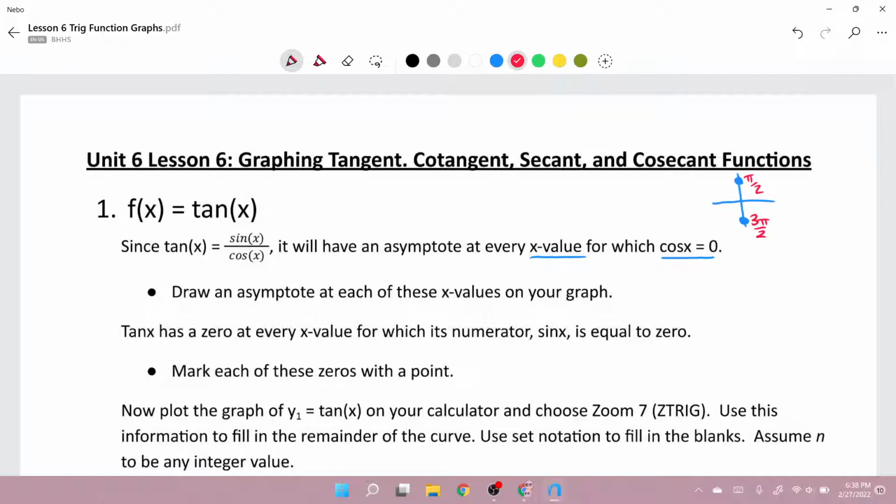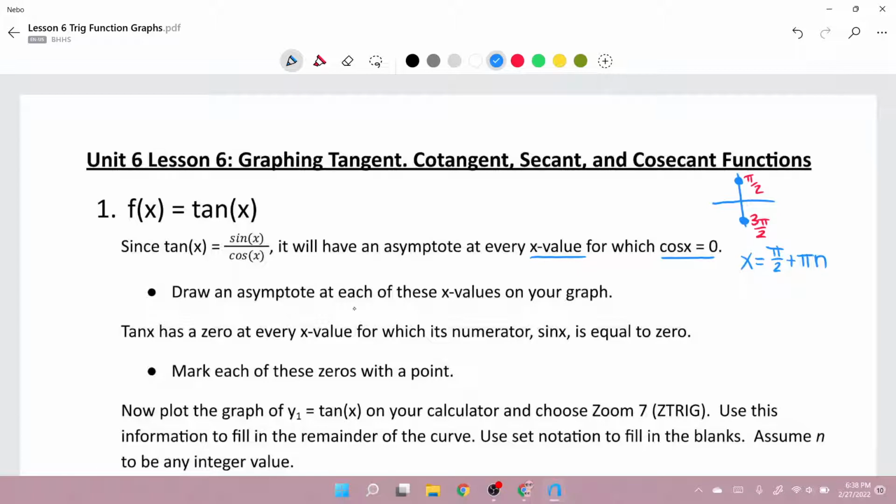So for every x value at which cosine of x equals 0, that will be at pi halves, plus how long it takes for us to get to the next one, which is pi. And then the next one will be pi and pi. So we introduce that n, where n is any integer. So at every x value of pi halves plus pi n, our cosine of x will be 0.